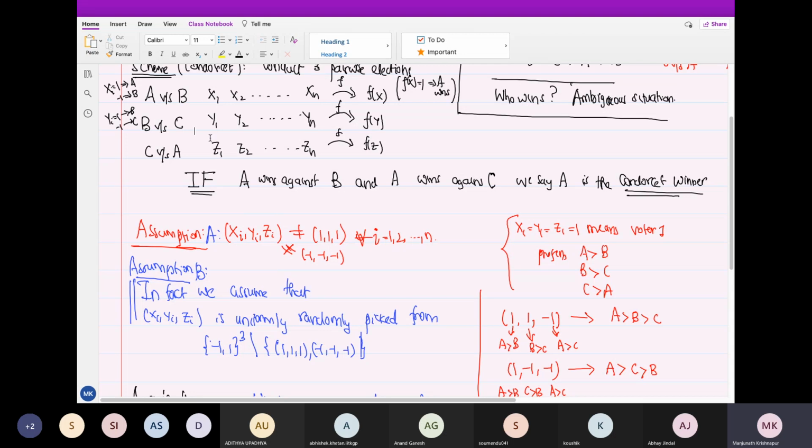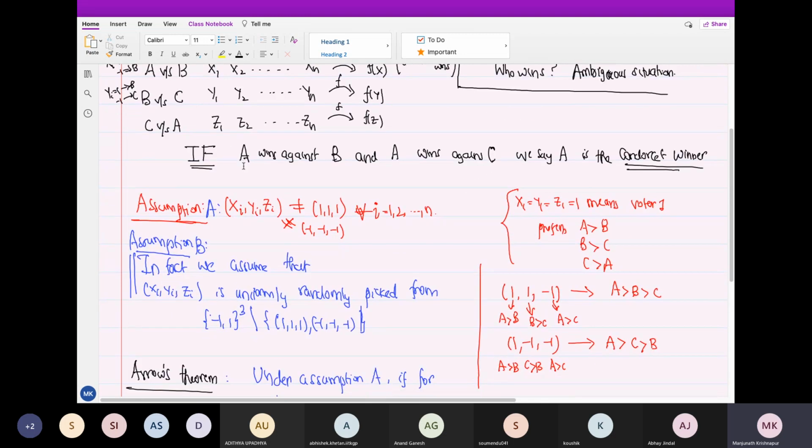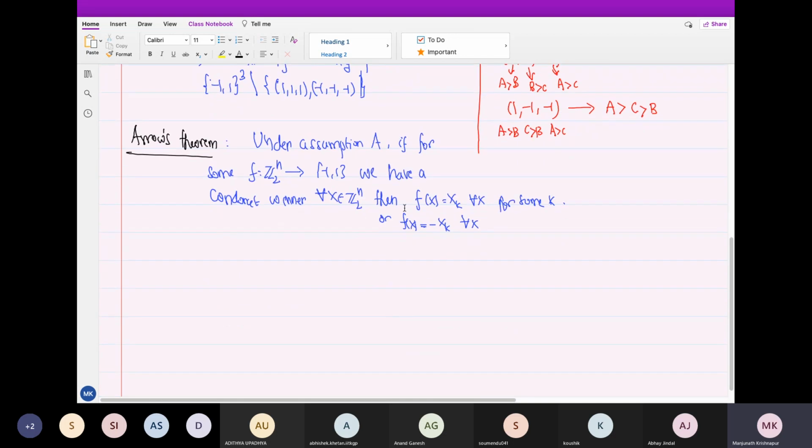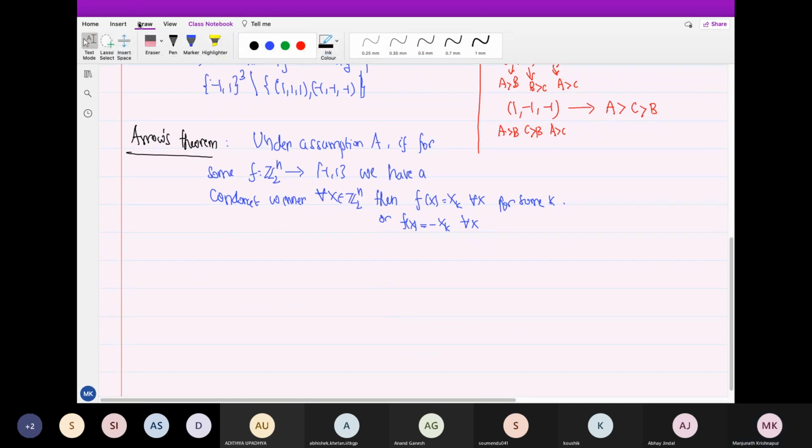So we will make it random and actually calculate the probability and show that it is strictly positive, the probability that there is no Condorcet winner. Then that means that unless f is one of these functions, that's going to be the proof. Okay, so now let me give the proof.